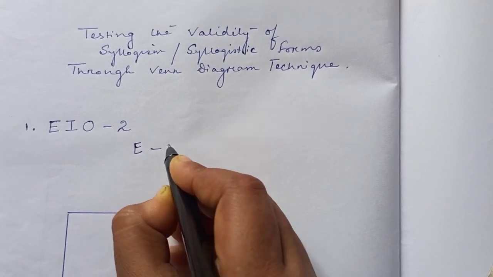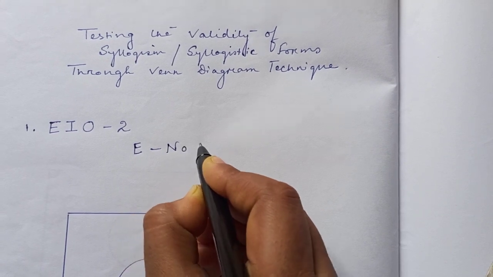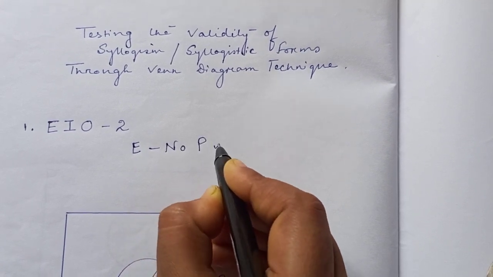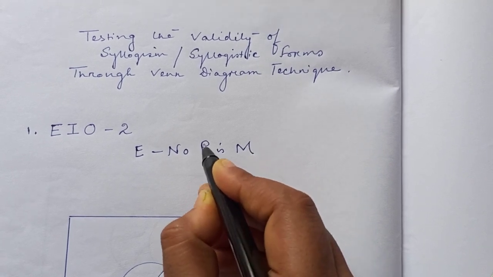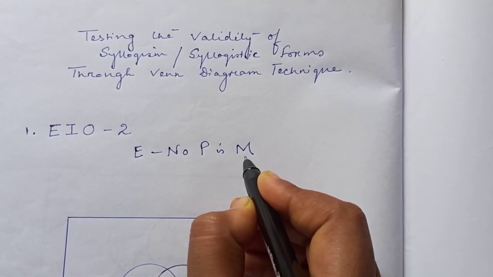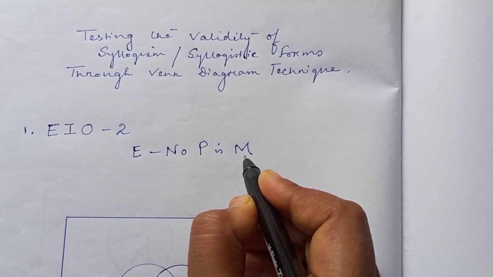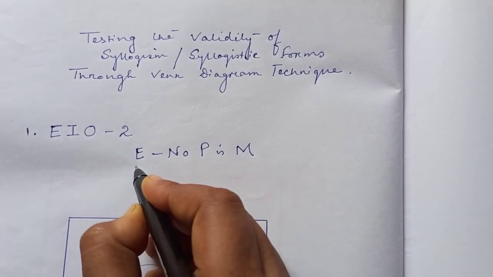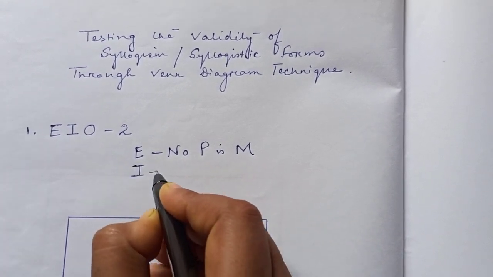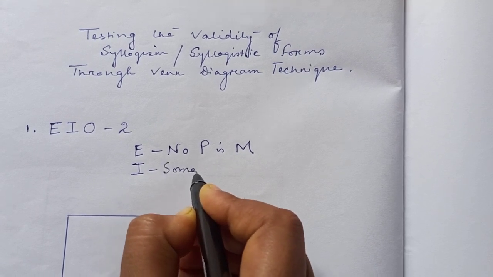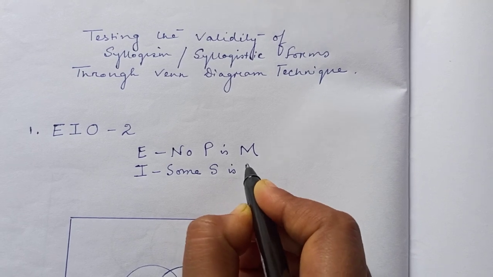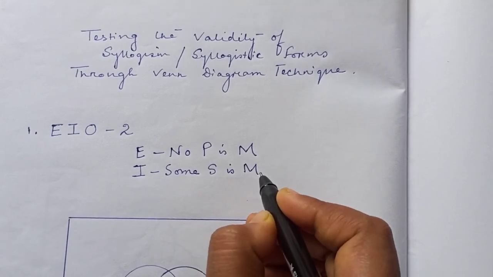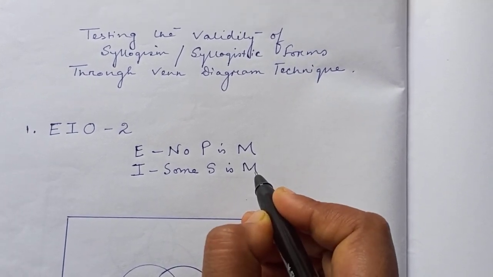If it is an E proposition, then it will be No P is M. Here P is the subject term and M is the predicate term. Some S is M. This is the middle term because this is the common term in both the premises.